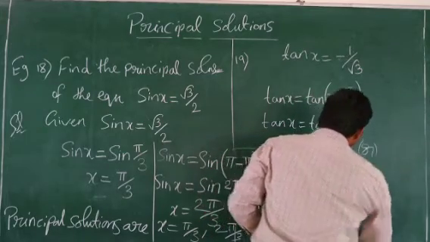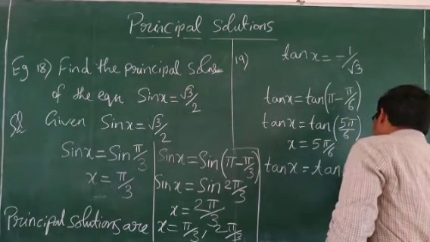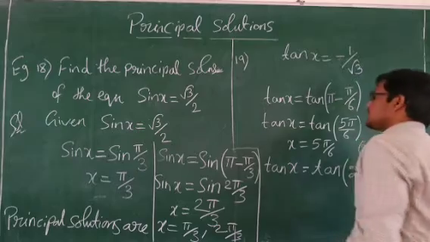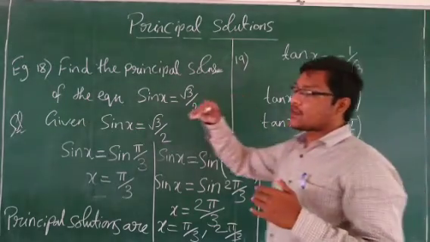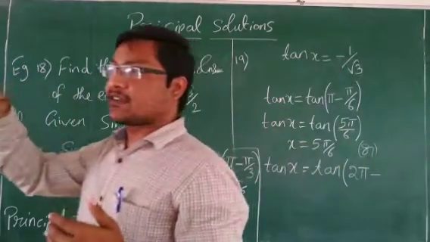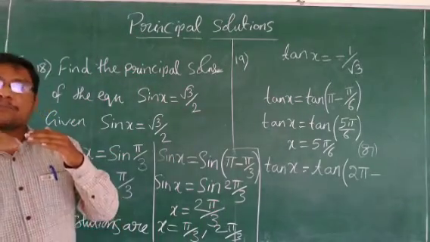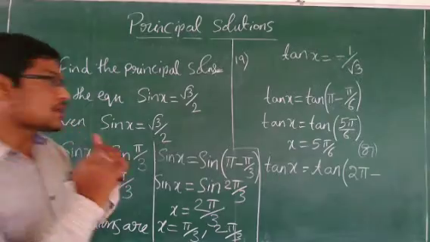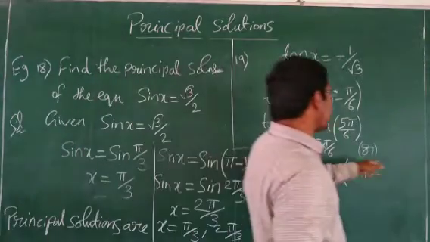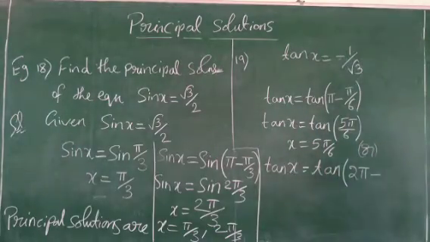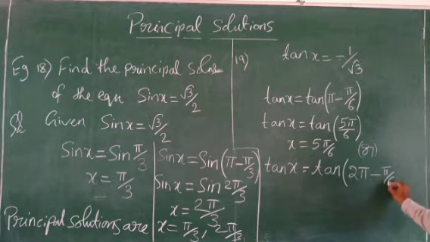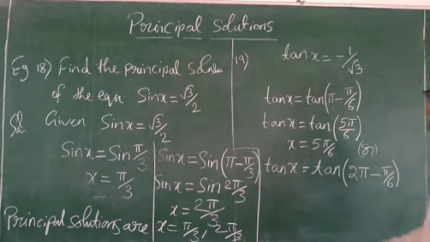Any angle in the fourth quadrant can be written as 2 pi minus. If you take one full circle, again you will come to the positive x-axis. So coming back means negative. So 2 pi minus, and where do you get 1 by root 3? It is pi by 6. So 2 pi minus pi by 6.